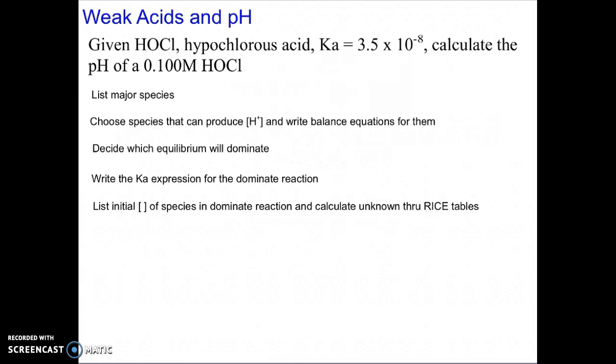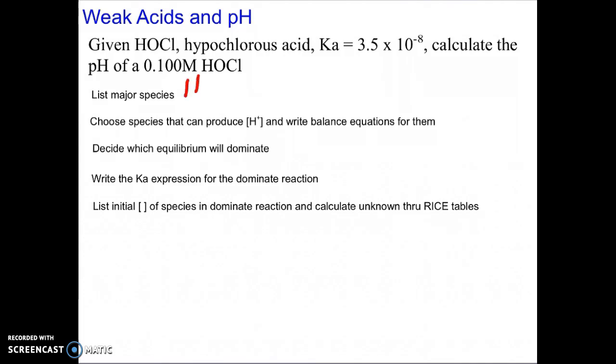All right, here is an example problem. Let's say that we're given HOCl, hypochlorous acid, and I gave you the Ka value. Calculate the pH of a 0.1 molar HOCl. The first thing we're going to do is list the major species.